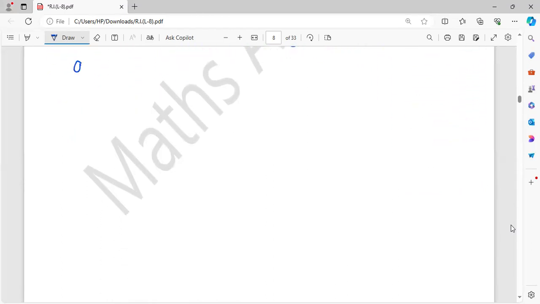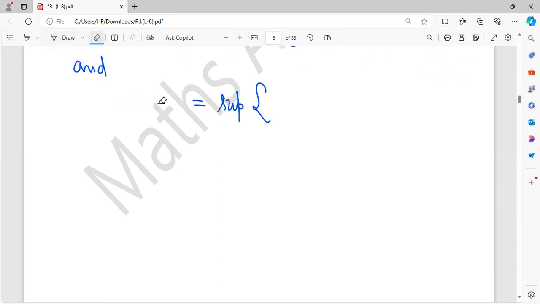And what is L(P, f)? L(P, f) is the supremum of, this is the lower integral.